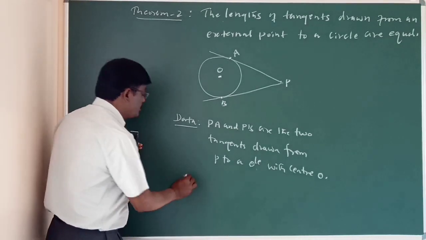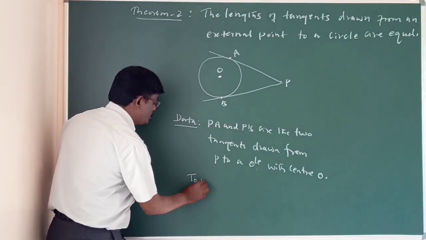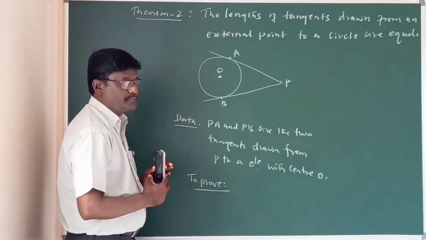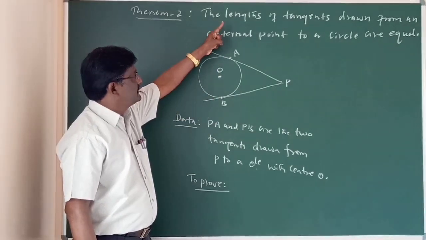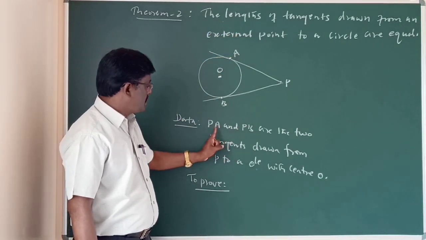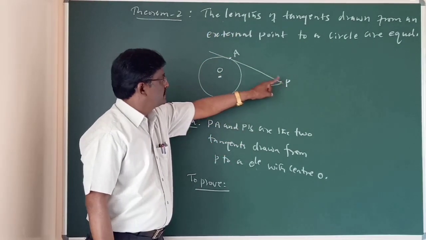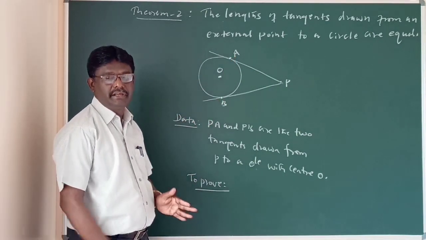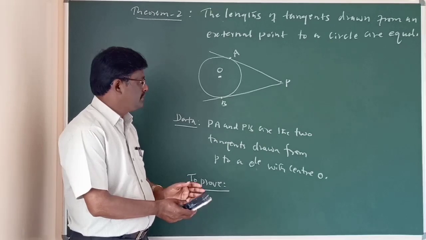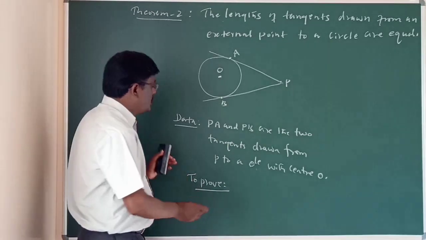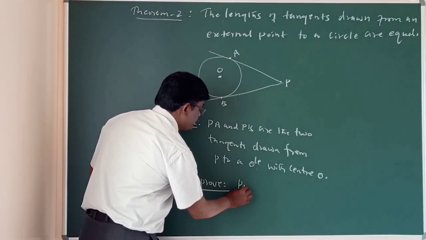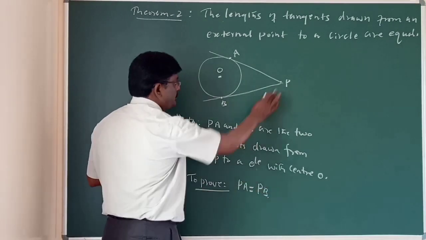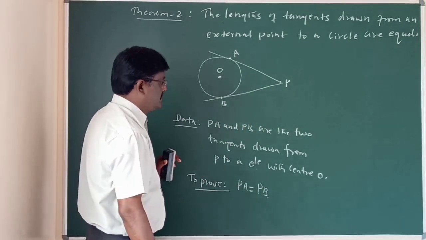Next, what we have to prove? The lengths of tangents drawn from an external point to a circle are equal. Hence, children, we have to prove PA is equal to PB. Construction.